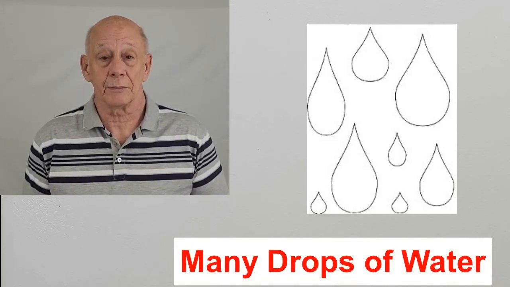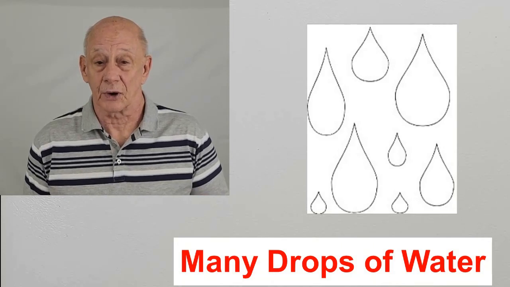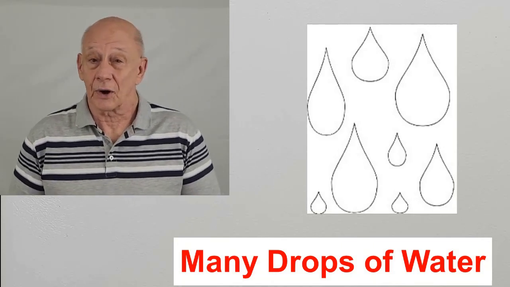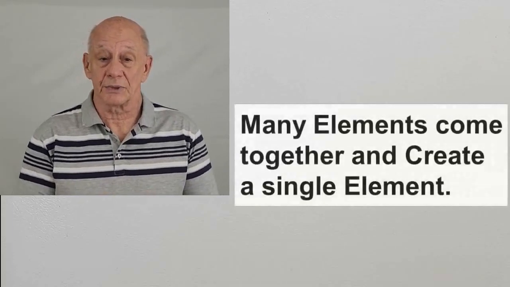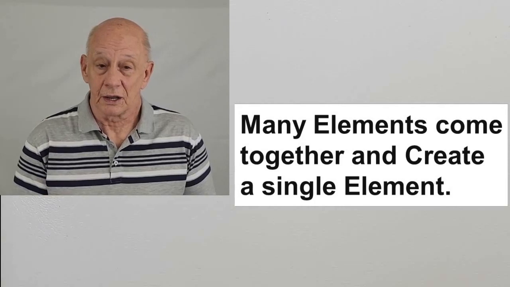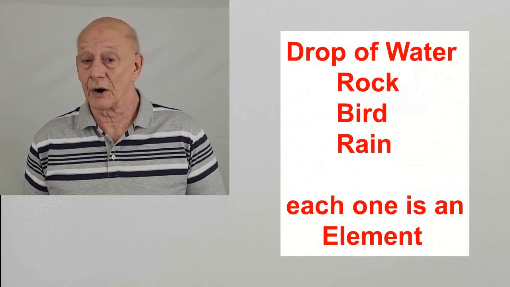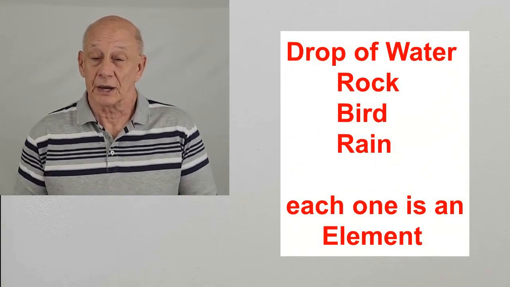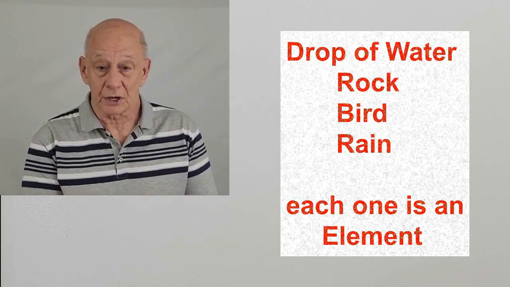When elements come together, two elements make a drop of water. Many drops of water make rain. They create something else. What they create is an element. We have names for these elements, like the drop of water, or a rock, or a bird, or rain. But each one is an element of elements.